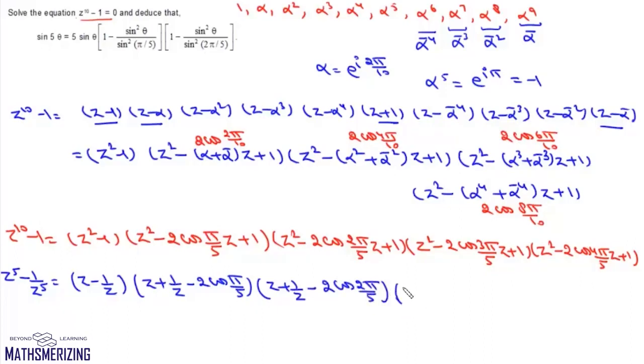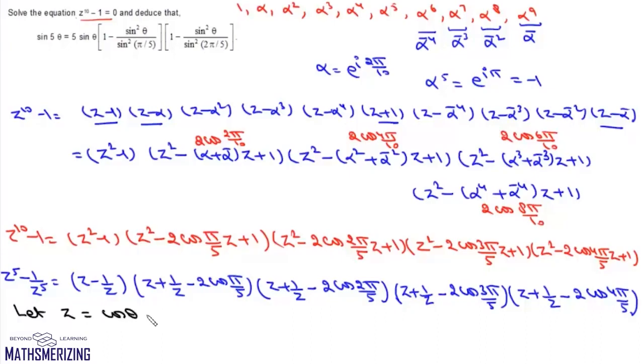The next one is (z plus 1 upon z minus 2 cos 3 pi by 5), and this is (z plus 1 upon z minus 2 cos 4 pi by 5). Now we'll let z as cos theta plus iota sin theta.